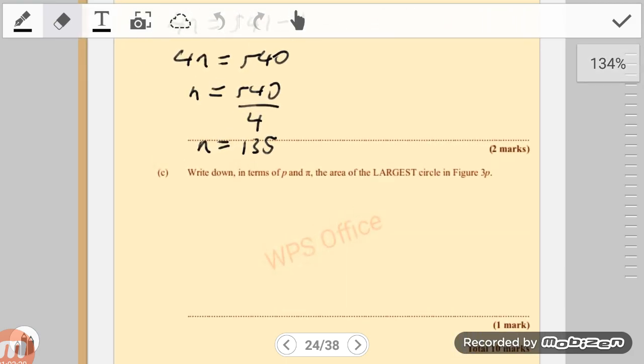It says here, write down in terms of p and pi the area of the largest circle in figure 3p. Alright, so let's write down the formula for area.